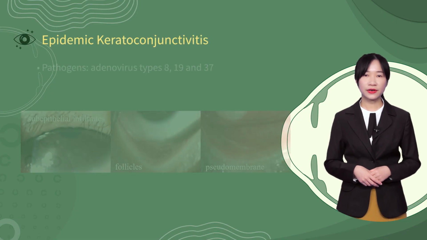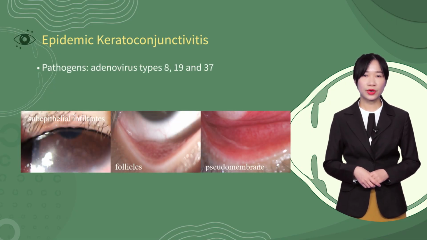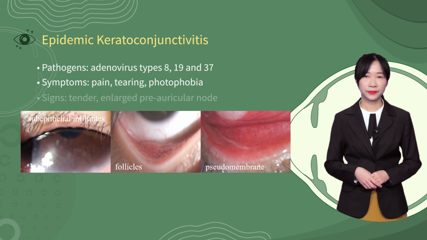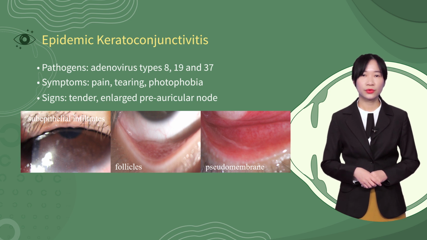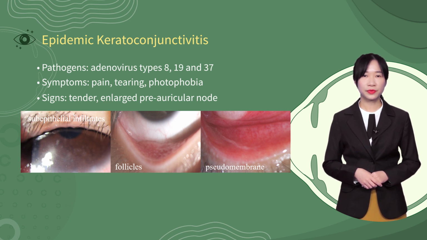For viral conjunctivitis, the spectrum varies from mild subclinical disease to severe inflammation with significant morbidity. Epidemic keratoconjunctivitis is caused mainly by adenovirus types 8, 19, and 37. The patients will develop pain in the affected eye with tearing and photophobia.